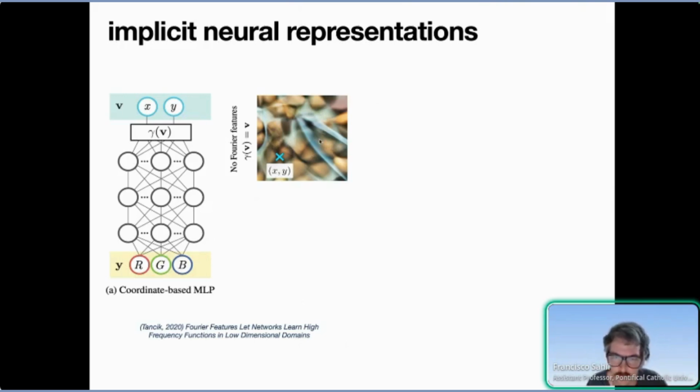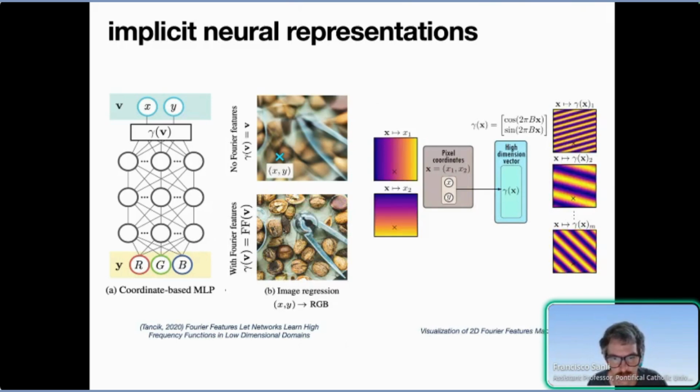So we need to do something to avoid this. But if you use Fourier features, which is a coordinate embedding where we transform the input coordinates by some cosines and sines, and we give the neural network some higher frequencies, we can learn this image much better.